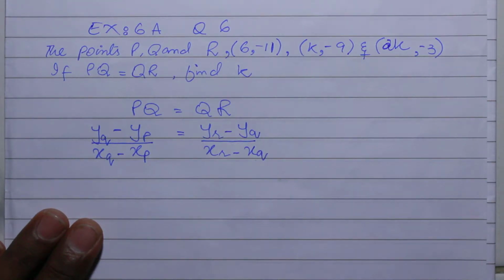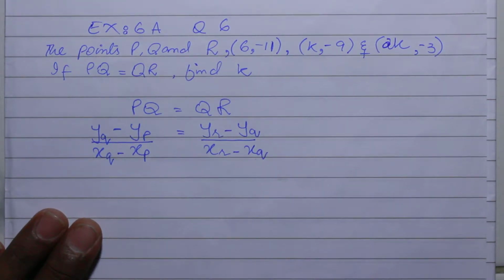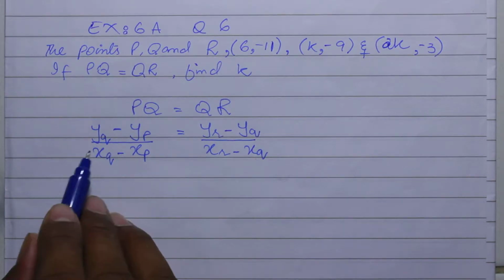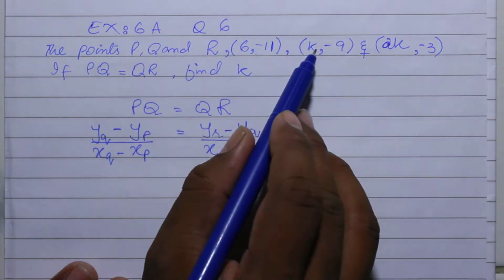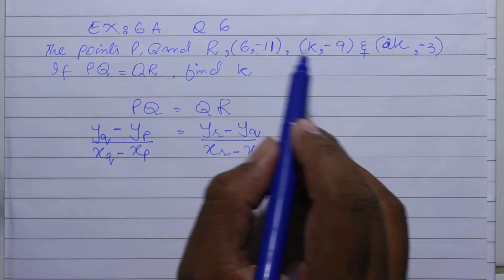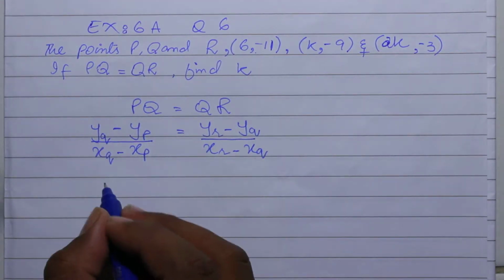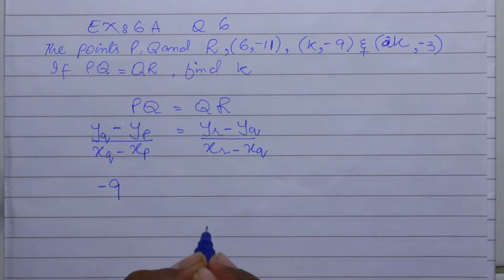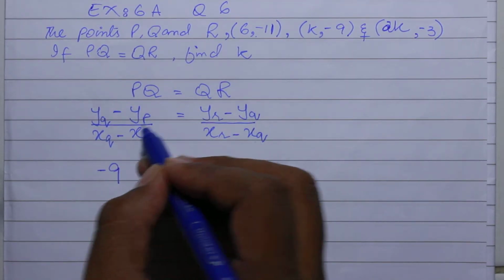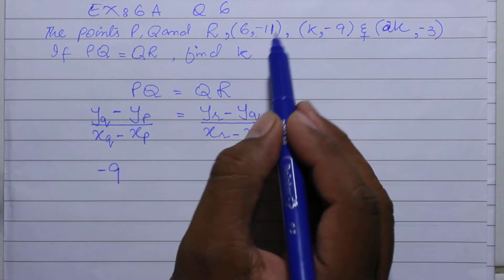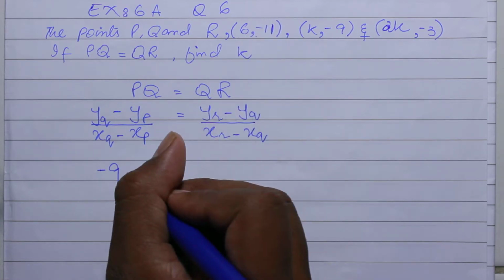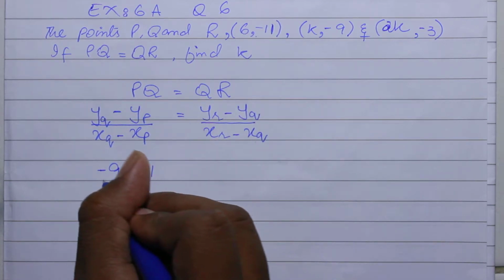Now I have to replace the letters with the given coordinates. This is P, this is Q, this is R. The y coordinate of point Q is -9, so I will replace yQ with -9. Then yP, the y coordinate of P, is -11, so minus minus becomes plus 11.